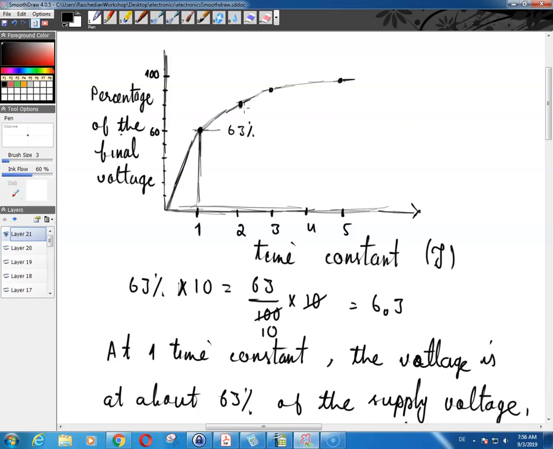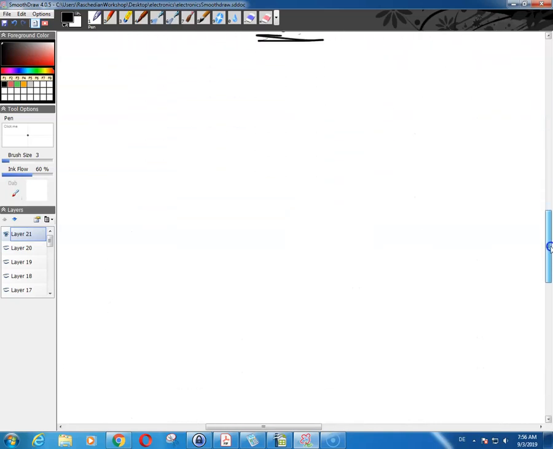So suppose that, for example, you have a circuit, a resistor and a capacitor in series, the same as the circuit that we had before. A power supply, a resistor, a capacitor connected back to the supply voltage.